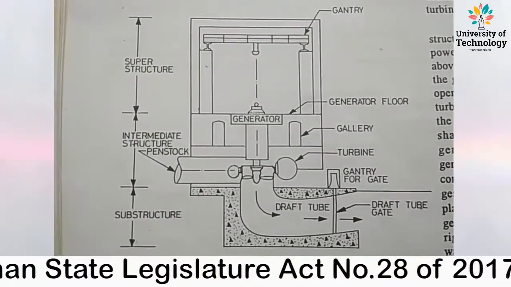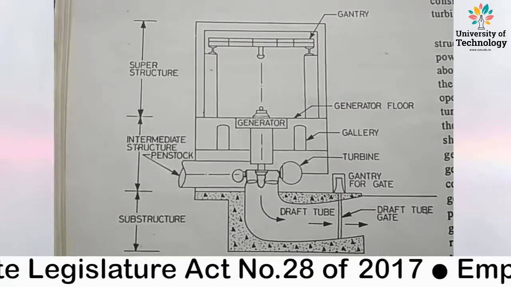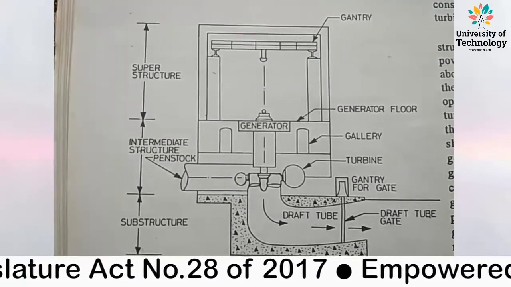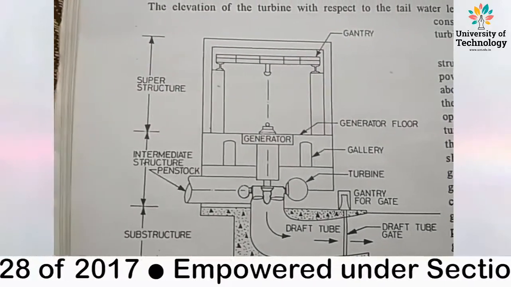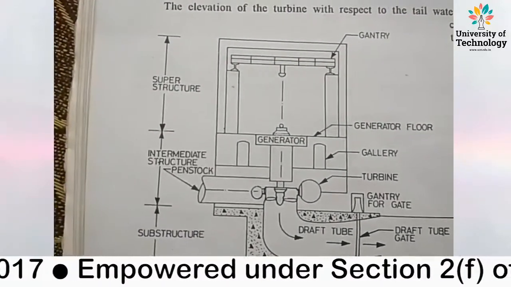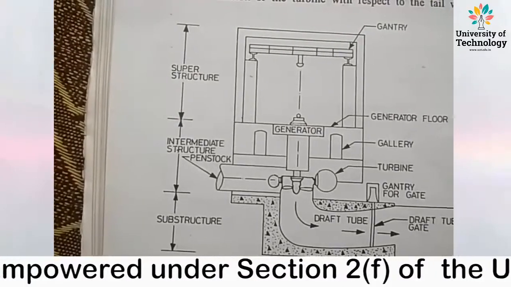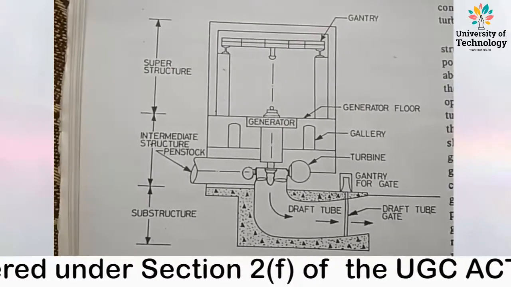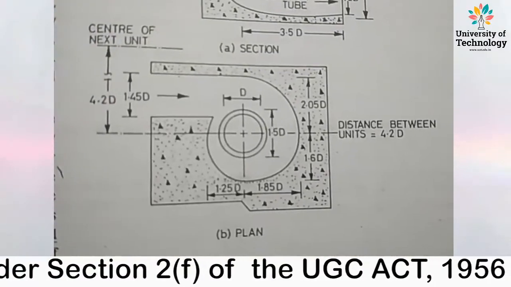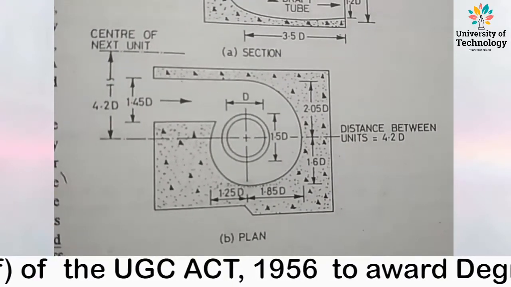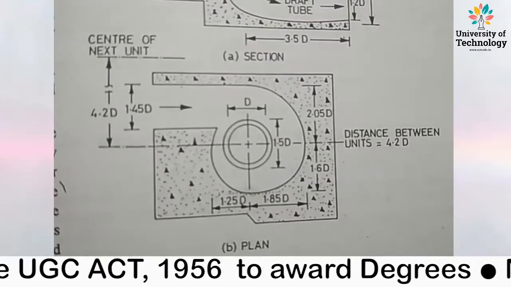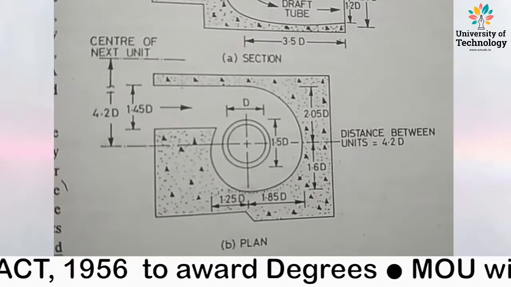Other general dimensions of a powerhouse are given in terms of the runner exit diameter. In the case of a Francis turbine generator installation, you can see the picture here. This is the plan showing the general dimensions of the powerhouse unit in the case of a Francis turbine installation.